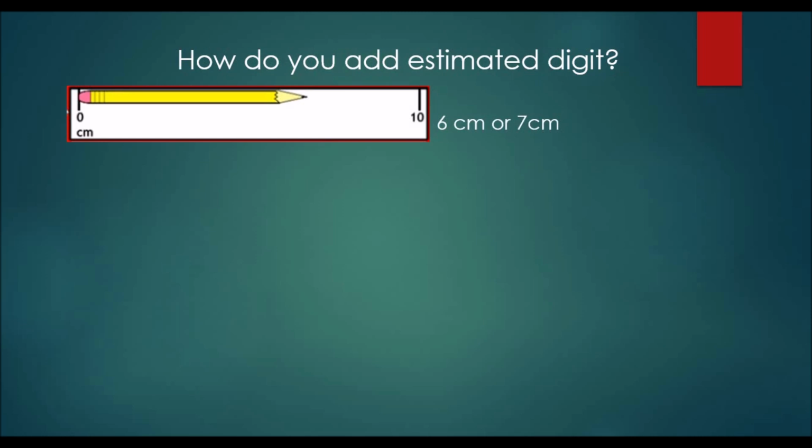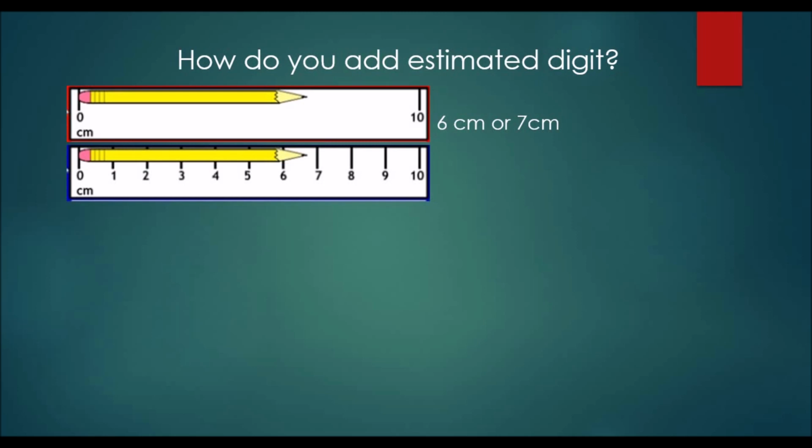You estimate it to the first place. Next example, we may read this as 6.7 or 6.8 centimeters. We cannot say 6.75 centimeters because each line is worth 1 centimeter. So we estimate to the 10th place.